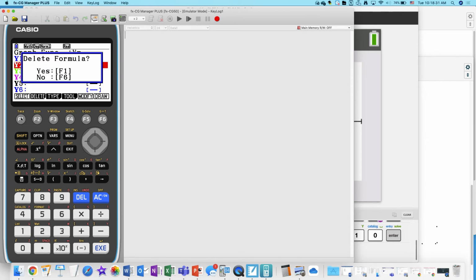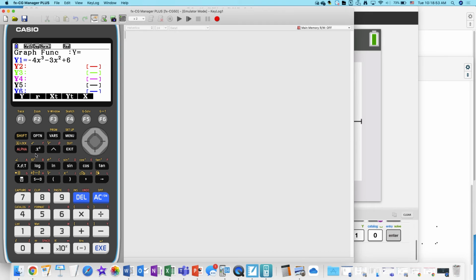Here's my X button, X cubed. And then it was -3x squared plus 6x plus 2. Okay, and I'm going to hit enter.